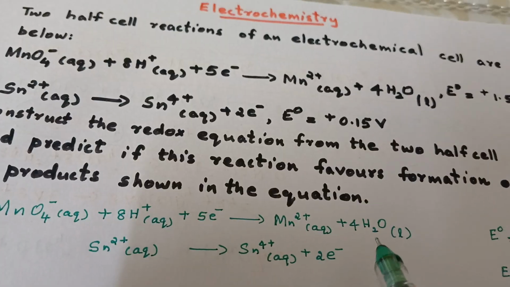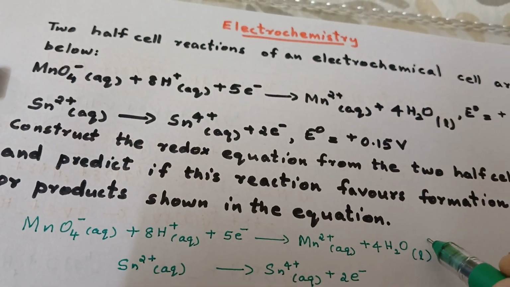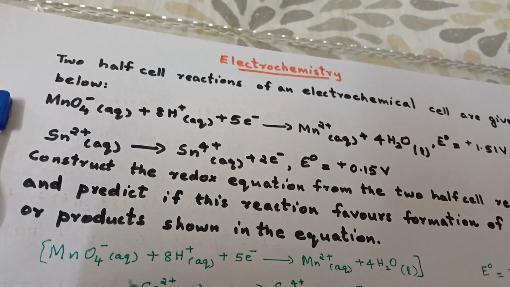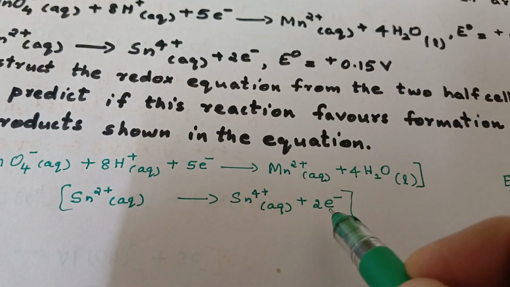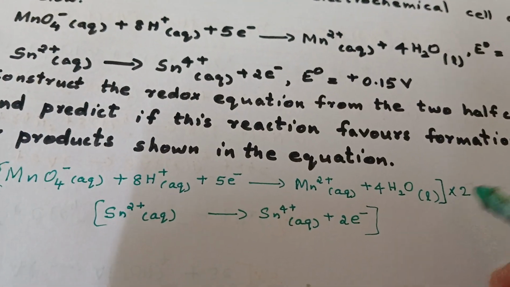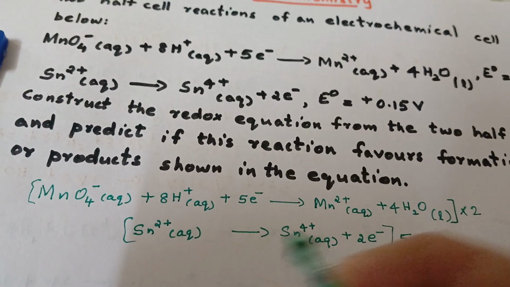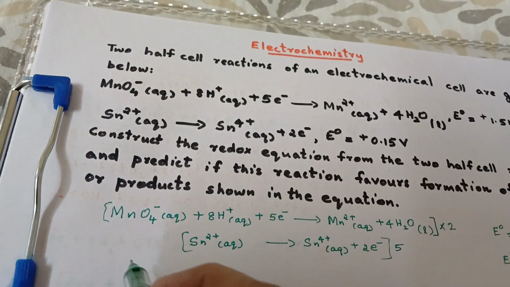But in both these equations the number of electrons is different, so we need to equalize them. What we can do is multiply the first equation by 2 and the second equation by 5 so that the number of electrons are the same. Now let us write the equations.